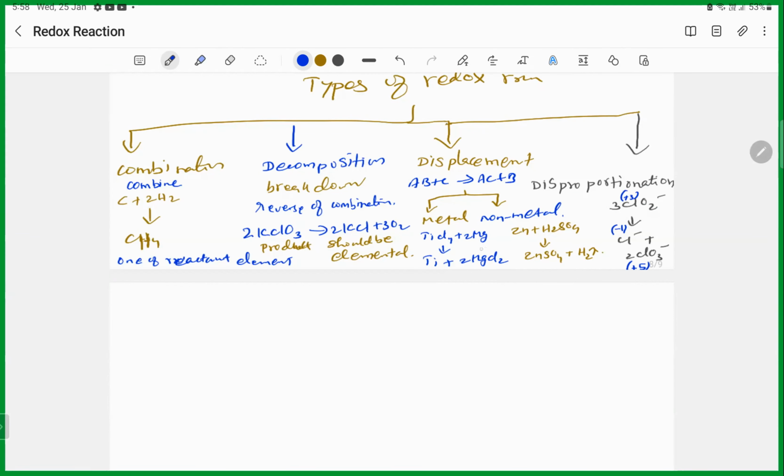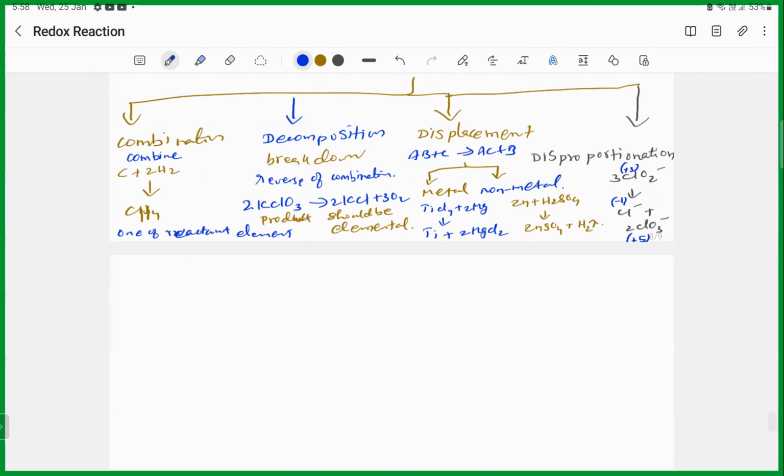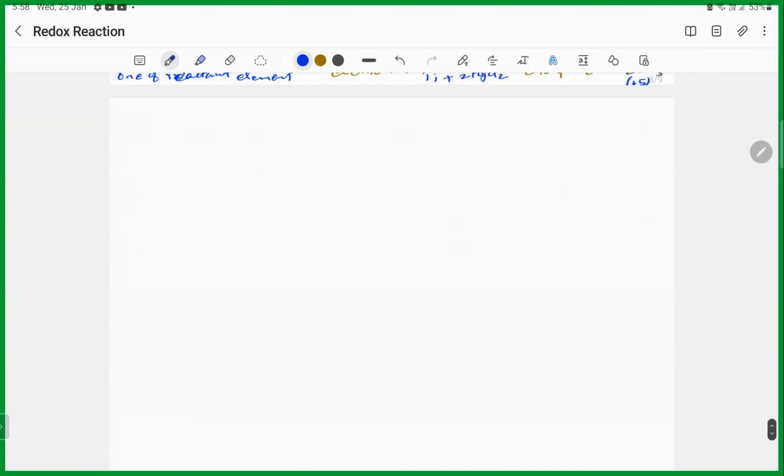If one metal is displaced by another metal, it is metal displacement; otherwise it is non-metal displacement. And then disproportionation reaction: a single species undergoes oxidation as well as reduction simultaneously. Here the species should have 3 different variable oxidation states, only then will it undergo this. Now the important thing, balancing of redox reaction.